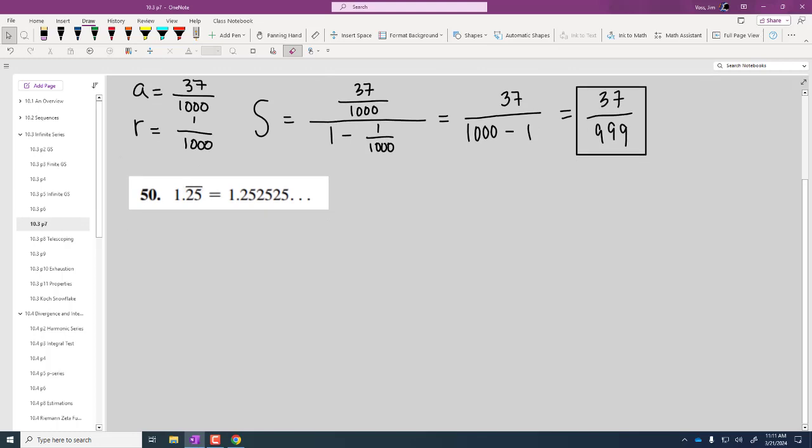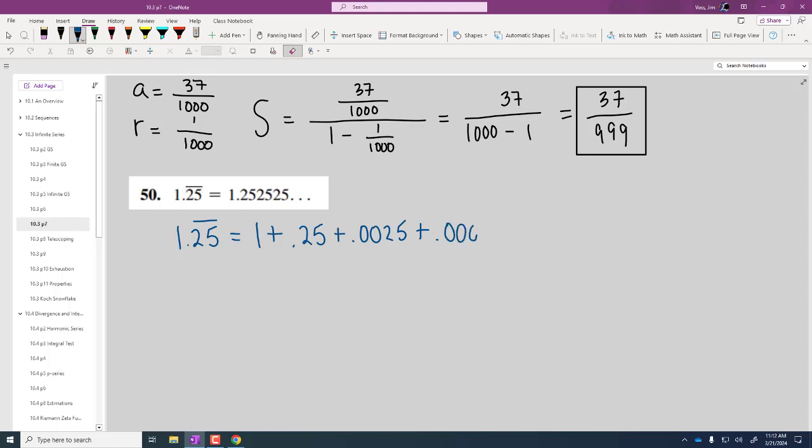With this one, we are going to focus our attention on the repeating part. We're going to take this 1.25 repeating. We're going to think of this as 1 plus 0.25 plus 0.0025, etc. So the infinite series part will be the 25 business.